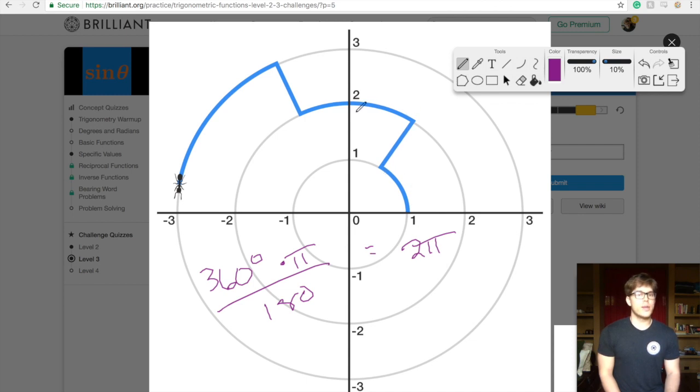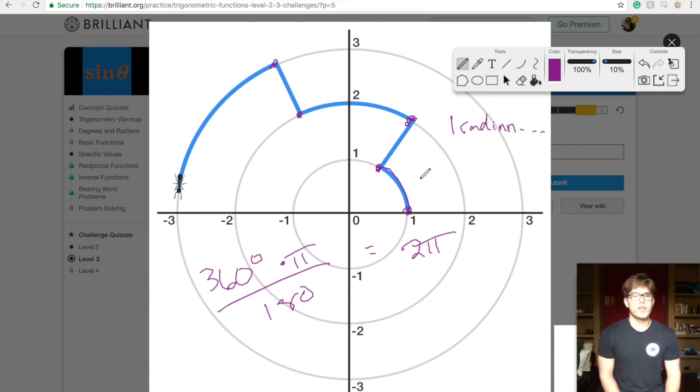And each time the ant is walking a total of 1 radian each time, right? It's walking 1 radian here, and then it goes outward to the circle of radius 2, and it walks a distance of 2, and then it goes out to the circle of radius 3 and goes 3. So each time this ant is walking 1 radian.